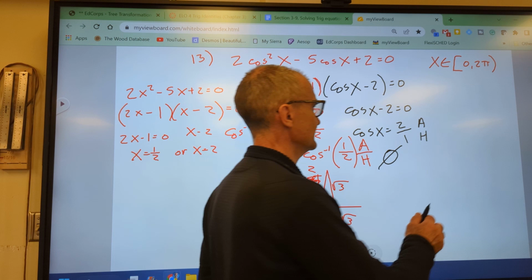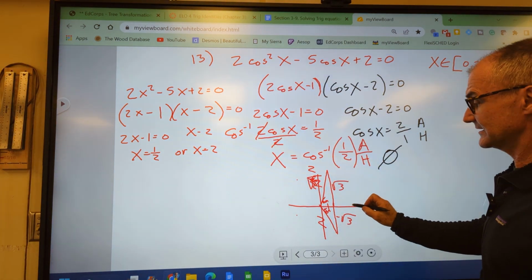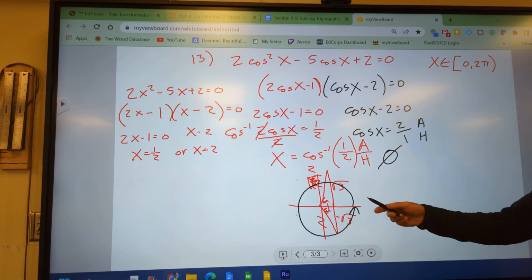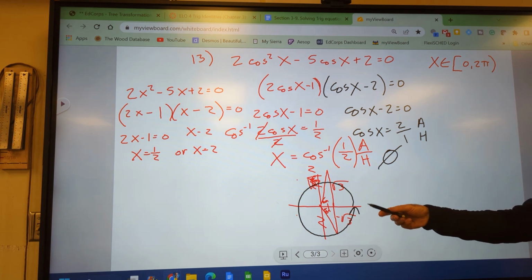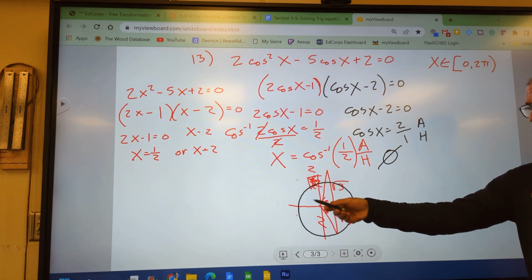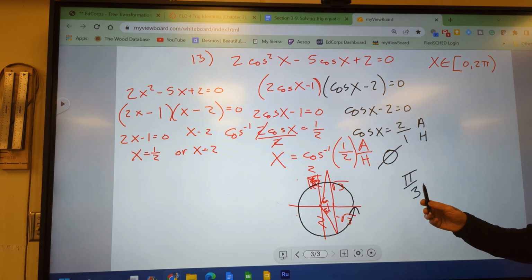So what I'm going to do is start here and rotate around till 2 pi, and include every one of those triangles inside this domain. So the first triangle is 60, or the radian equivalent of 60. It is 1/3 of the way to pi. So my first one is 1/3 of the way to pi, or pi over 3.